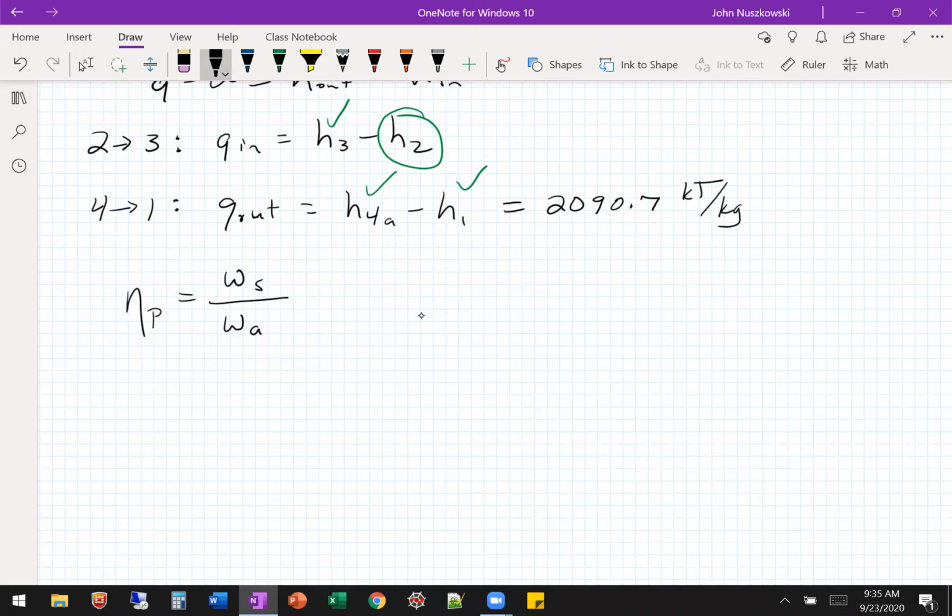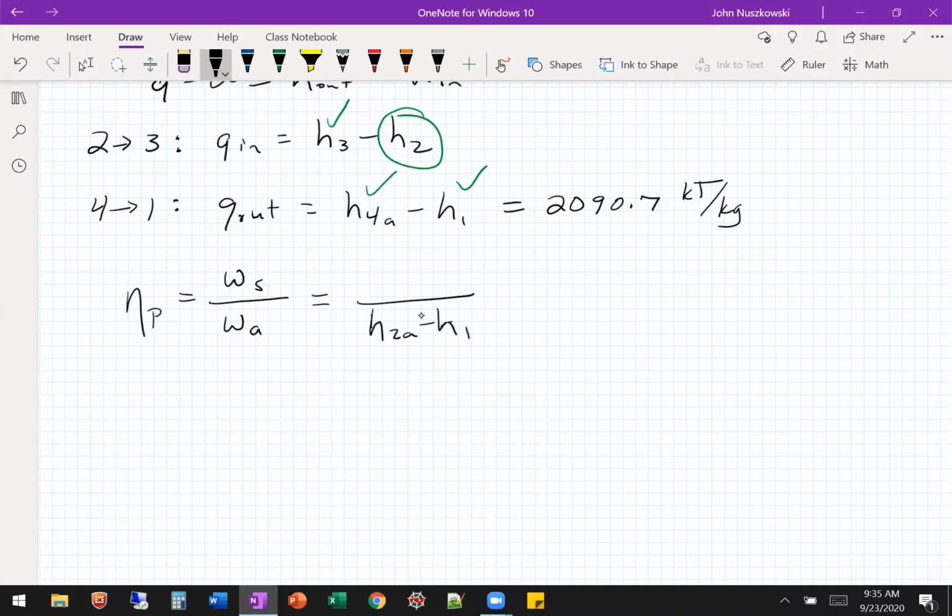Because you're going to have to put in more work to overcome the irreversibilities. The one thing that changes for a pump is that for actual, this is easy: we have H2 actual minus H1.